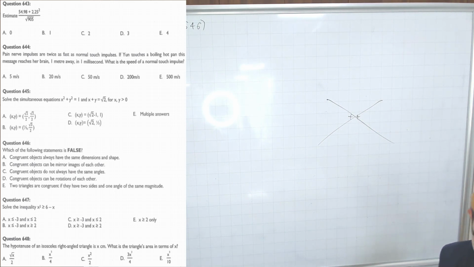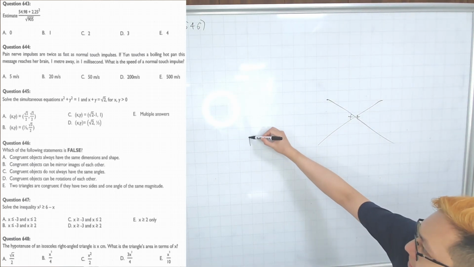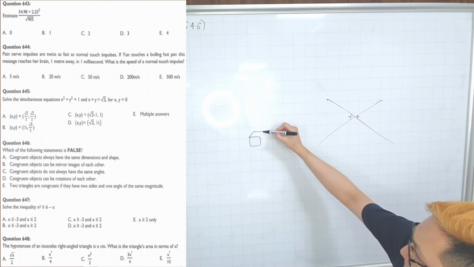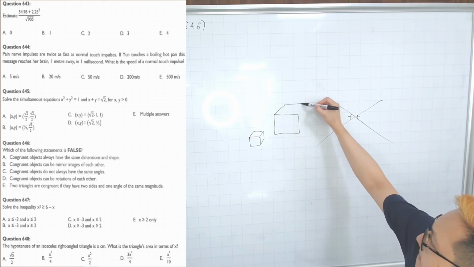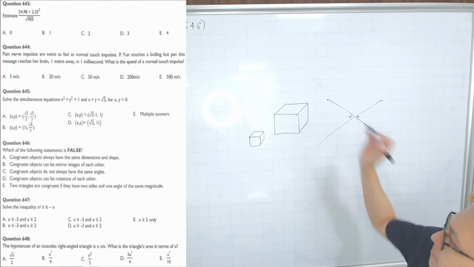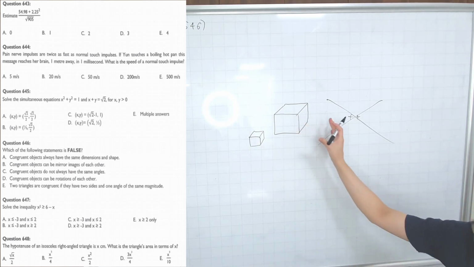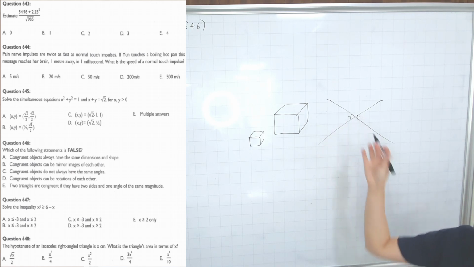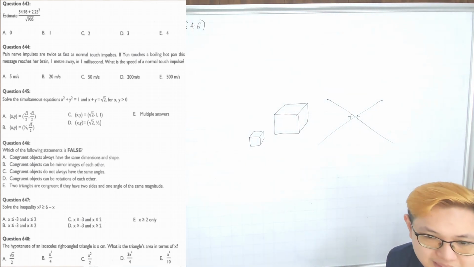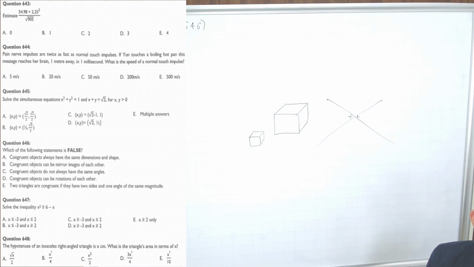Những vật thể congruent với nhau, like congruent objects can be like this. Congruence, yeah, they have the same shape, but they might not have the same dimension, right? Nó miễn sao là nó cùng cái hình nào đó, hoặc nó cùng số góc, nhưng mà nó không chắc chắn là nó phải cùng cái kích cỡ dimension.